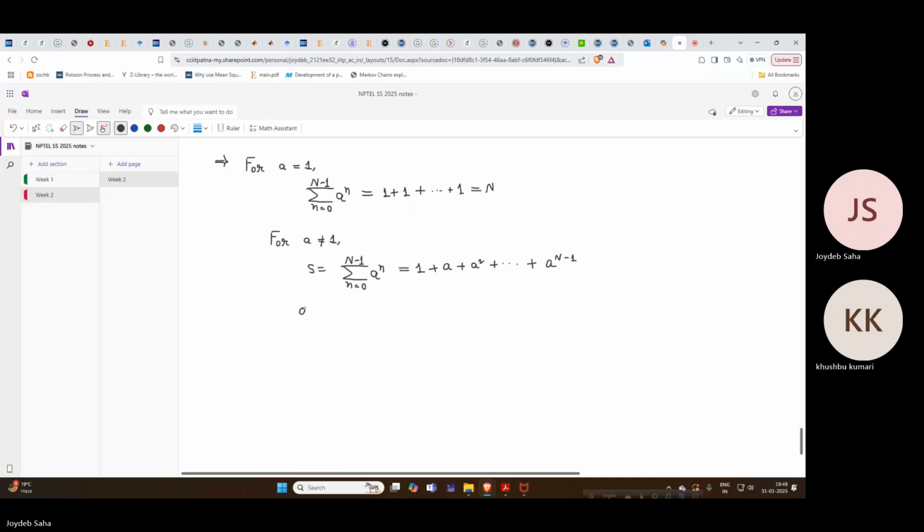Now a into S will be a into the summation n is equal to 0 to n minus 1 of a to the power n, which is equal to a plus a square plus dot dot dot plus a to the power n minus 1 plus a to the power n.